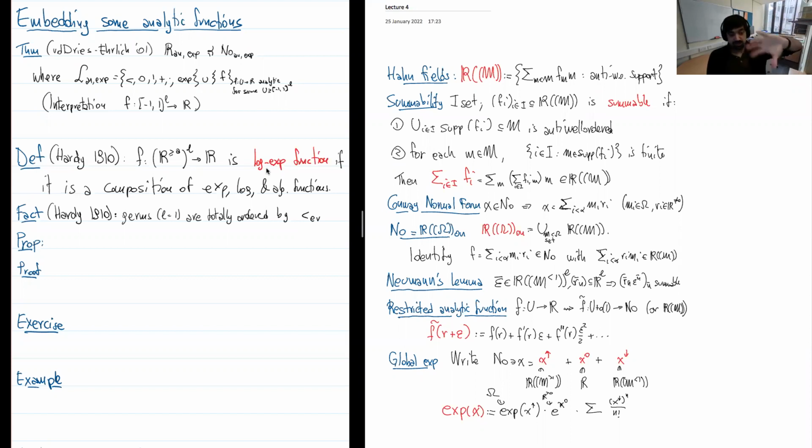we can use everything we said so far to extend these functions to surreal numbers.